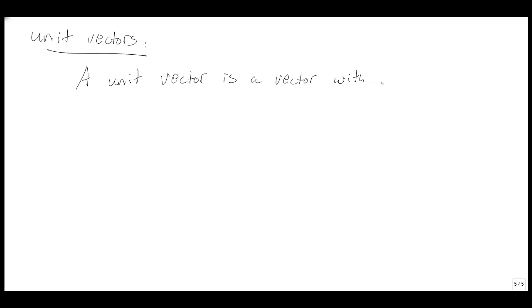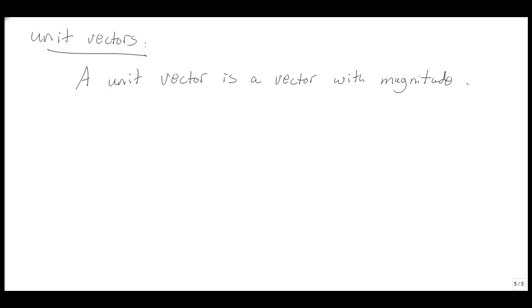Last bit here, I'll talk about unit vectors. So what we'll get is just a really simple definition where a unit vector is a vector with magnitude 1.